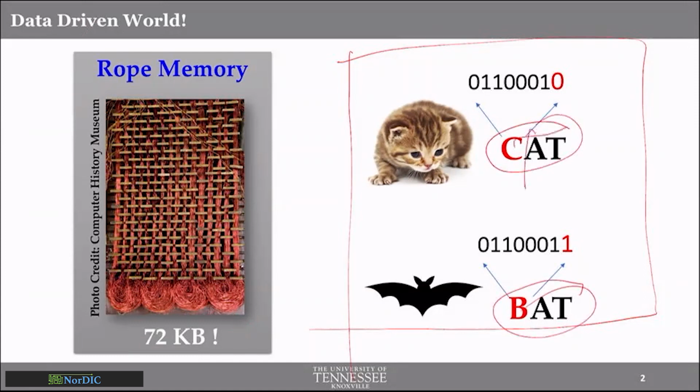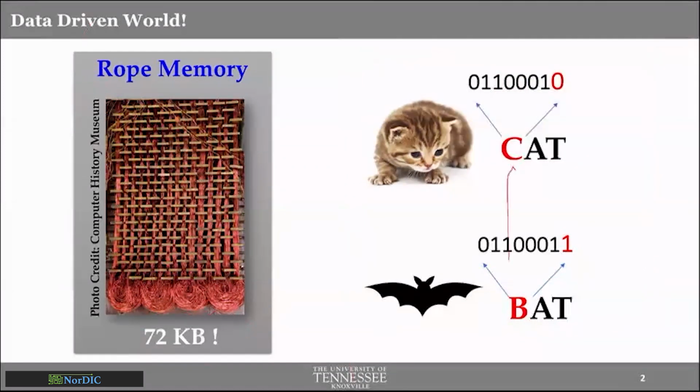As you can see, they only differ in just a single letter, C and B, right? And there are ASCII codes. I think you all know about them. You can represent each and every letter using a specific stream of binary, right? And the binary that represents C and the binary that represents B differ by just a single bit, as you can clearly see here.